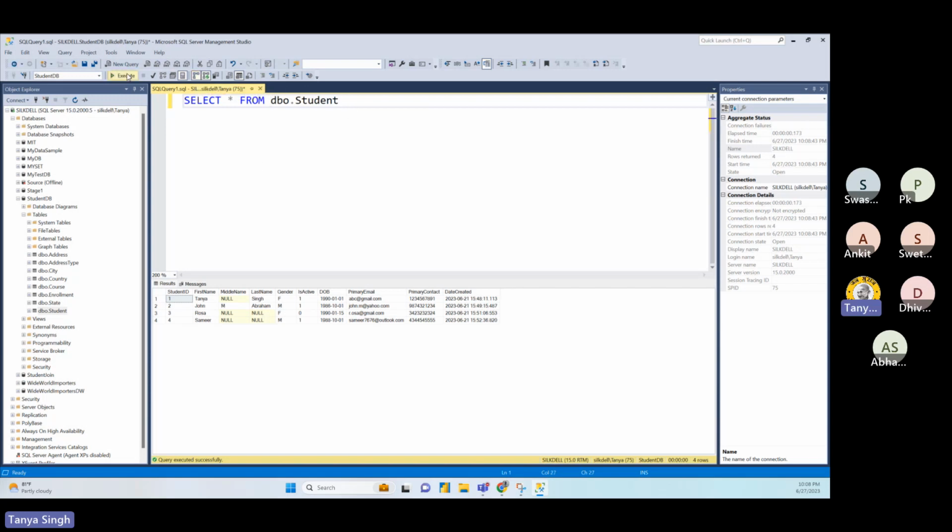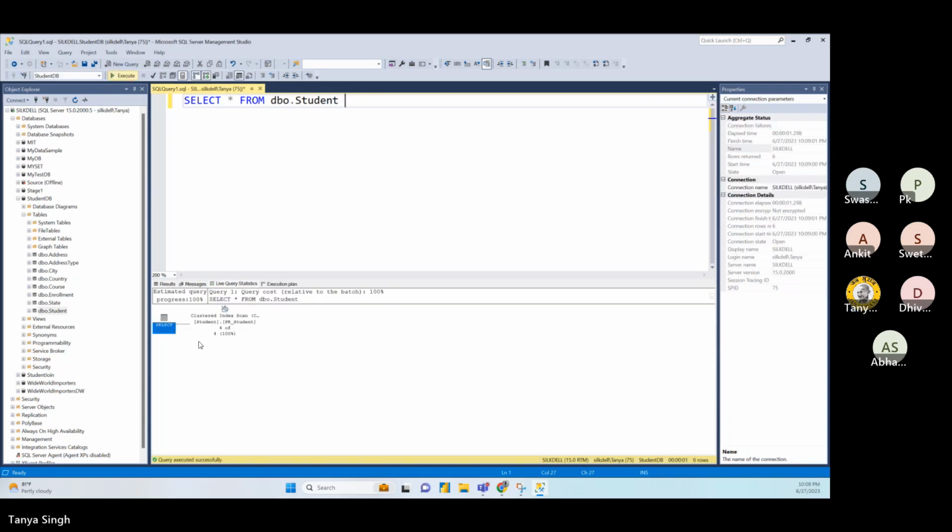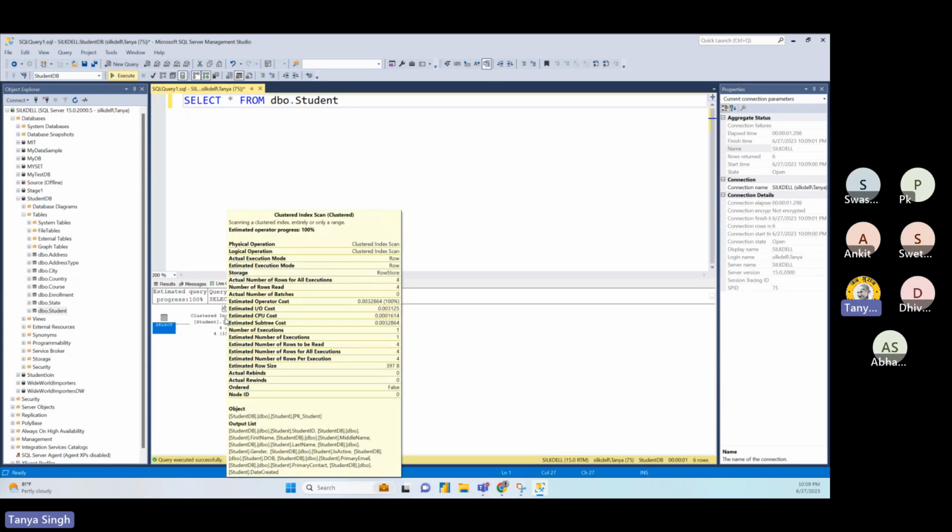If you run that, behind the scenes the database has taken 24 kilobytes of data and 0.003 seconds. It's a very straightforward query, and you see how many index scans and all that happen.